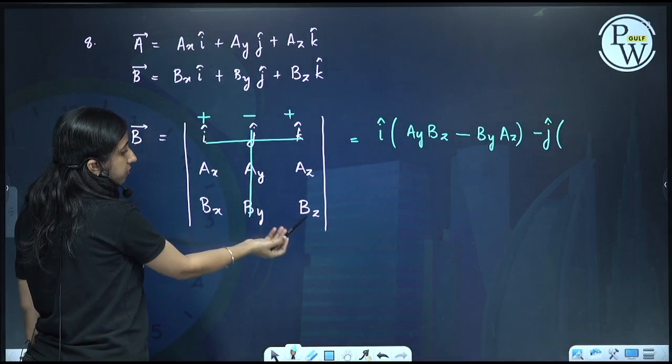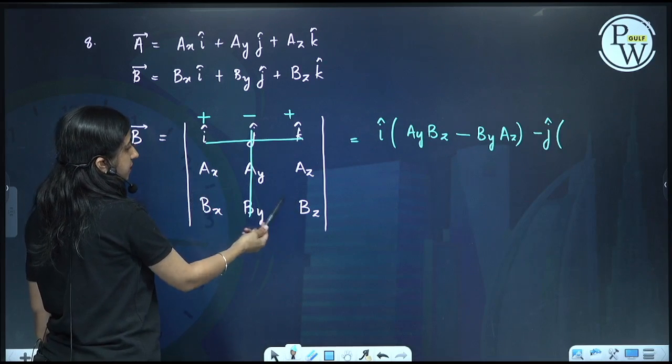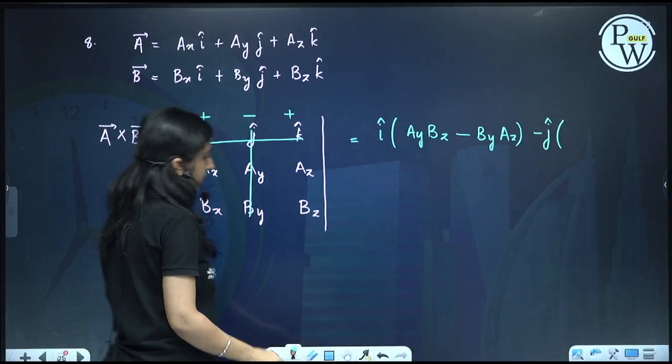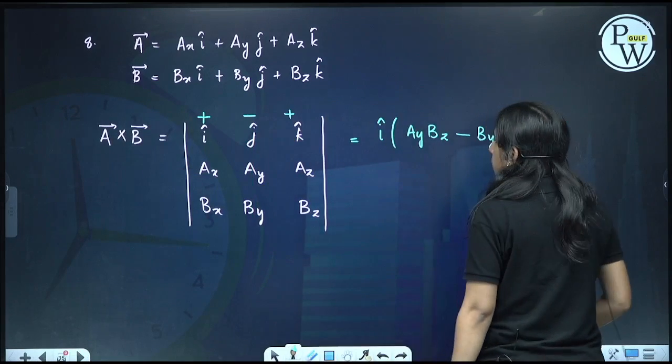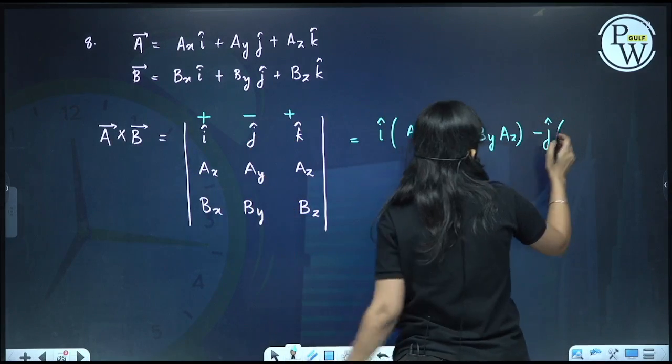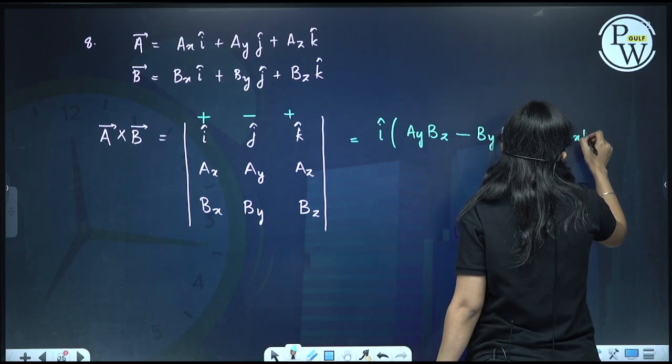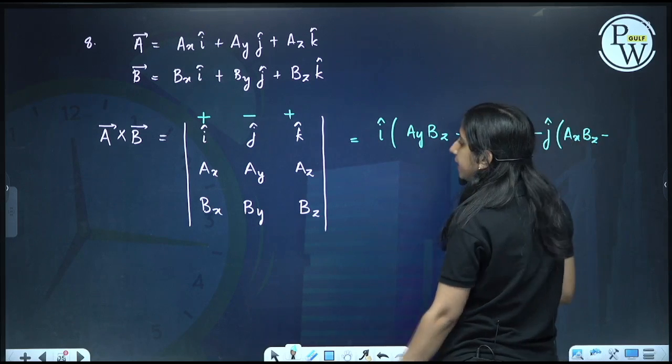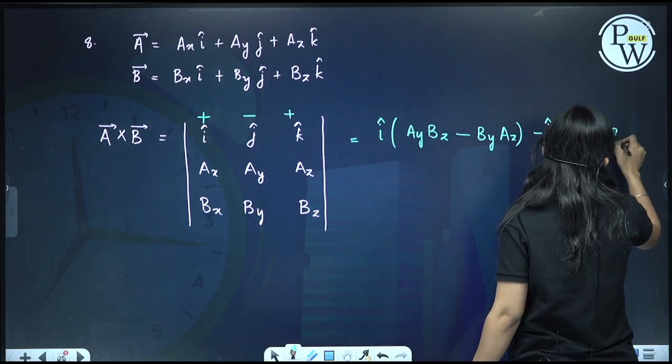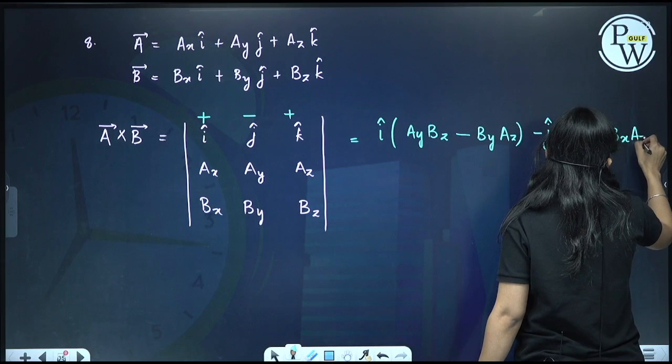Multiply in the downward direction first, ax bz minus bx az.